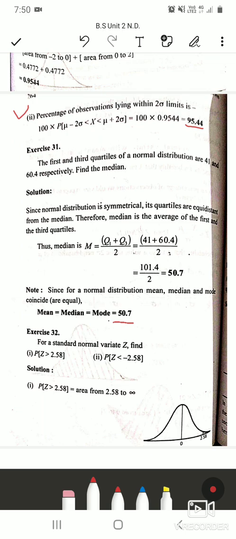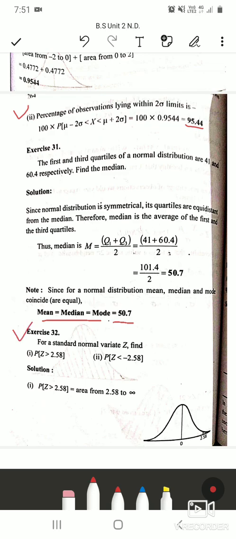In the question they can give the values of the first and third quartiles, and they can ask you to find the mode. Initially you might find there is no relation between mode and quartiles, but remember, in a normal distribution all three central tendencies, that is mean, median, mode, are equal. Using this, first find the median, then you can say median and mode are equal.